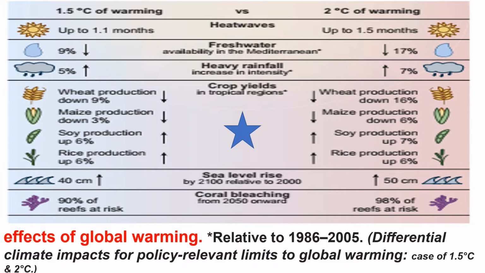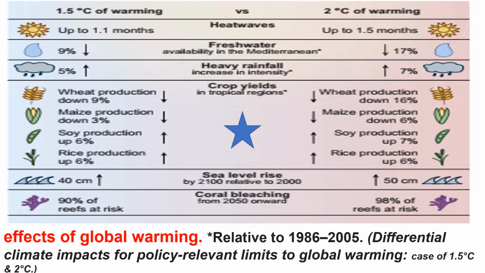If it increased by 1.5 degrees centigrade of warming, this will lead to hotter months, decrease in clouds by 90%, increase in rain by 50%.